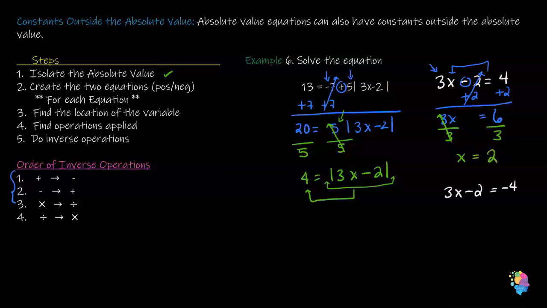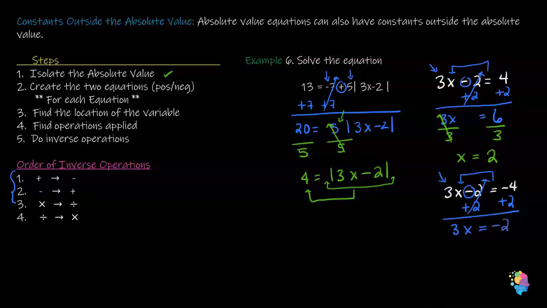I go to the second equation and I see that my variable is still on the left, that I have subtraction and multiplication. So the opposite of subtraction will be addition. I add 2 to both sides. From left to right, that gives me 3x is equal to, because this is going to go to 0, and then minus 4 plus 2. Different signs, we subtract and keep the sign of the largest, so that gives me minus 2.